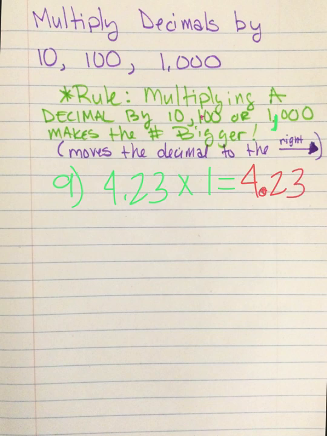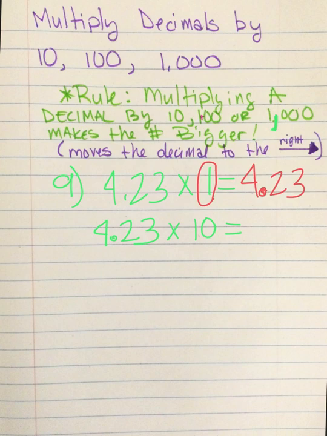So really, nothing changes. There's no zeros. There's no 10, 100, or 1,000, so the decimal stays the same because it's just a 1. Okay, the next one shows 4 and 23/100ths, the same number. Let's make that decimal bigger. We're going to multiply now times 10. The rule says the decimal should get bigger.